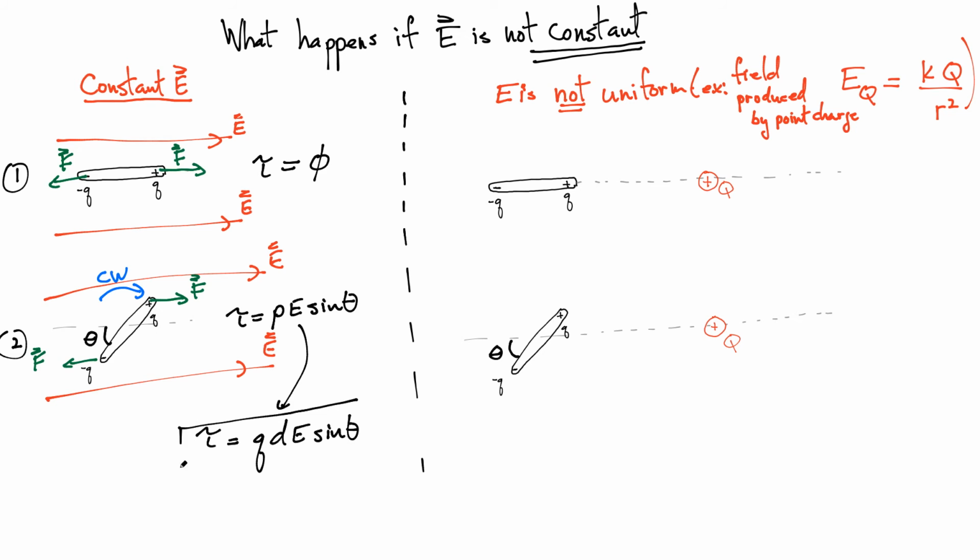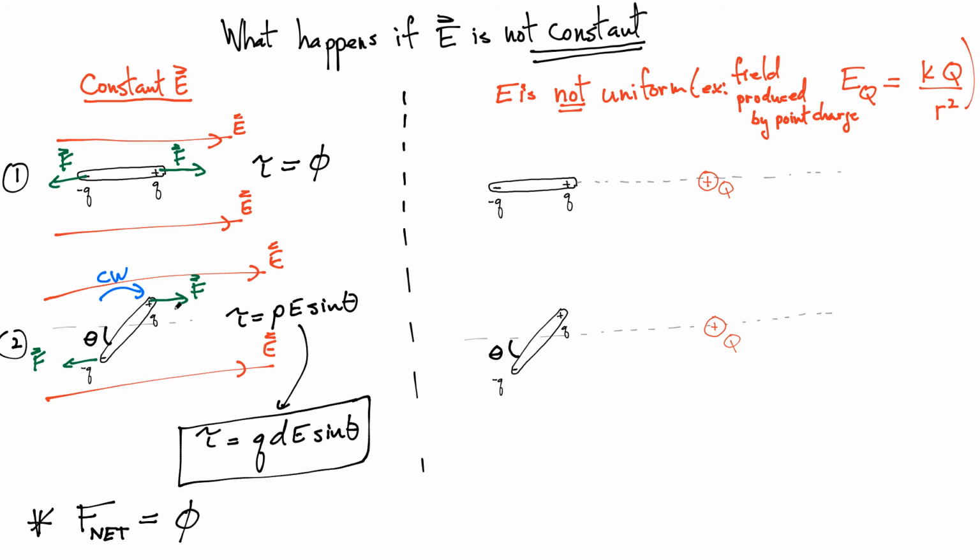So that's the torque. One thing I didn't mention before, however, is very, very important. Let me write this down. For case number 1, and even for case number 2, the forces balance out. Although they do produce a torque for case number 2, the net force acting on the dipole is equal to 0, because the charge is the same and the electric field is the same.